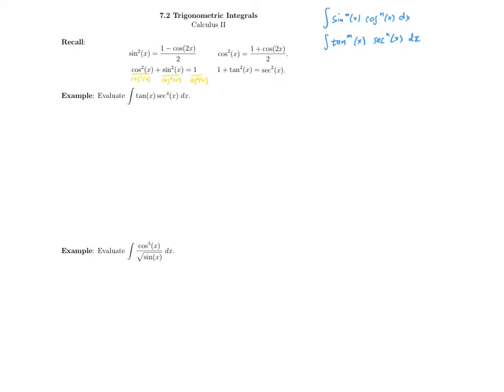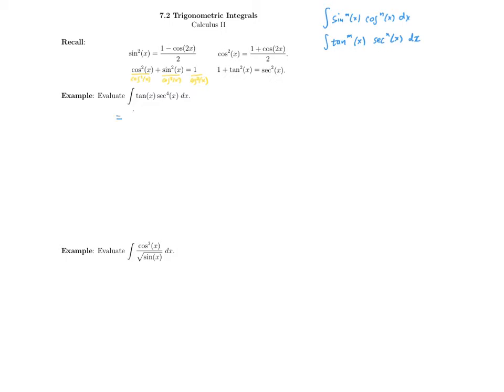So let's go ahead and start off with what I hope is a familiar example. Let's integrate tangent multiplied by secant to the fourth. And recall our thought process. Because there's an even power of secant, we can pull off a secant squared and save that to be our du.